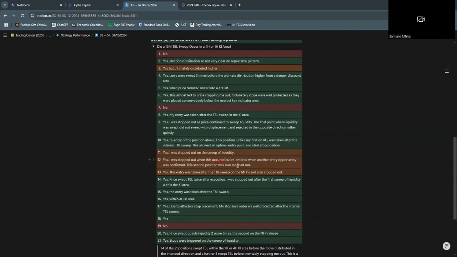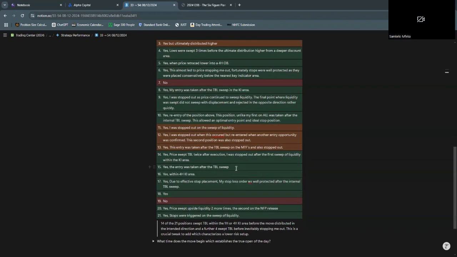It was more, did we sweep time-based liquidity and then distribute in the intended direction? So we did for 14 of them. Then there was a smaller portion of those which swept time-based liquidity, and then ultimately the bias was wrong. And an even smaller portion where there was no time-based liquidity sweep within my key indicator area at all.